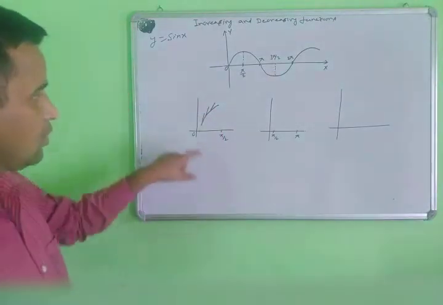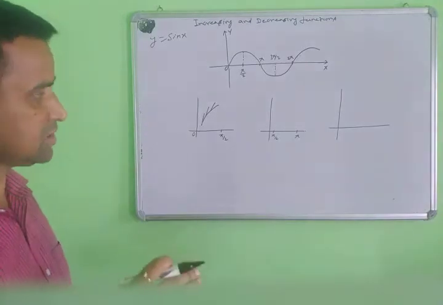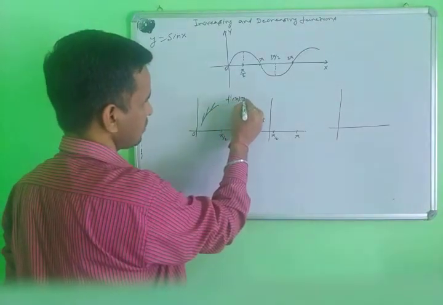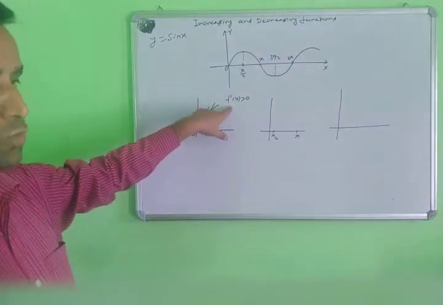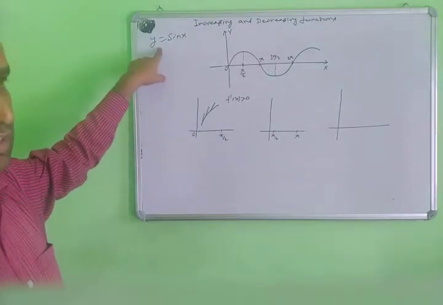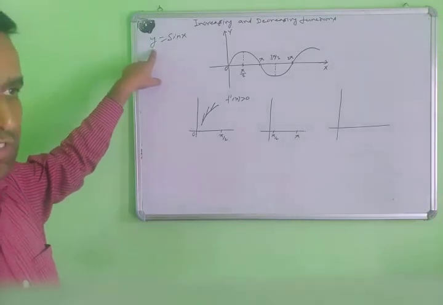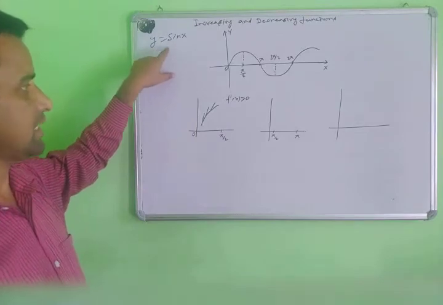Then the slope of the tangent is positive, meaning greater than 0. f dash x is greater than 0. What is f dash x? It means the slope of the tangent. When any function is differentiated, it gives the slope of the tangent.